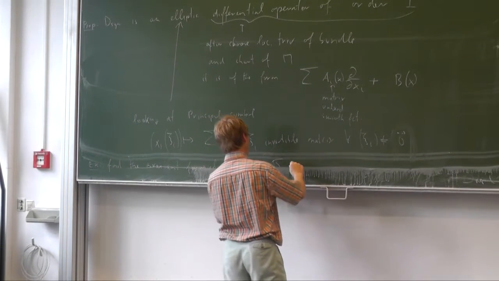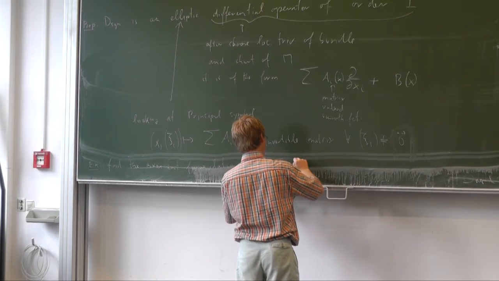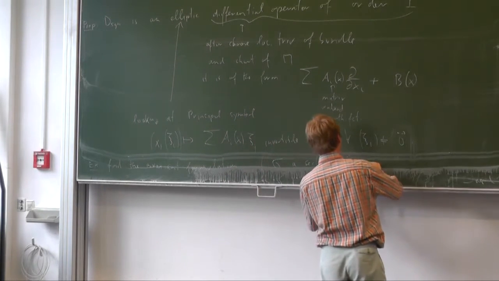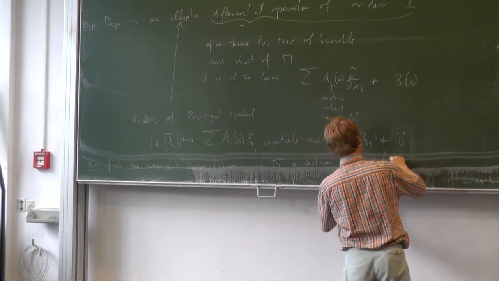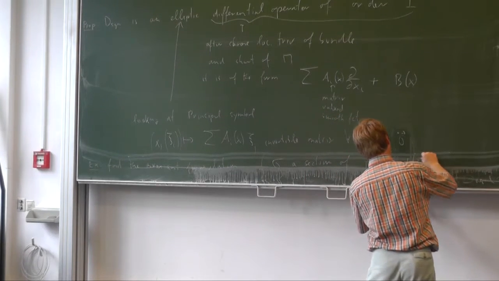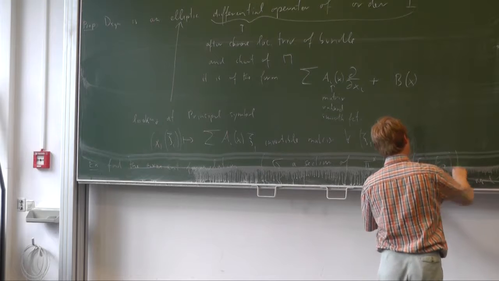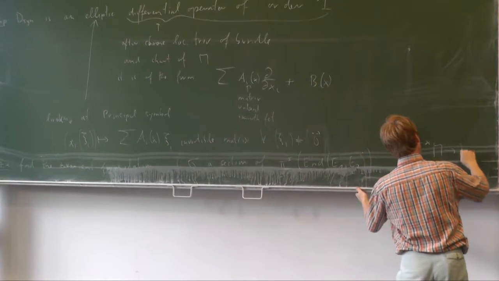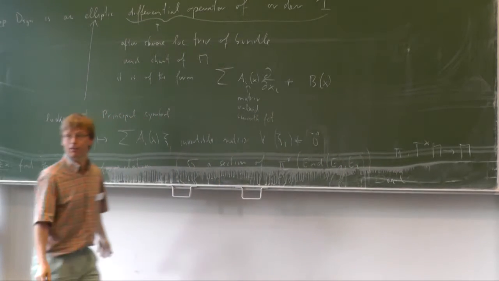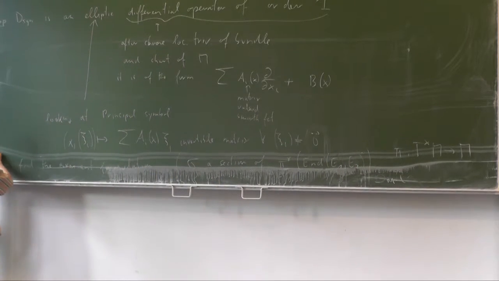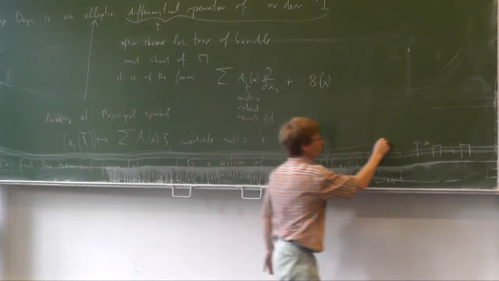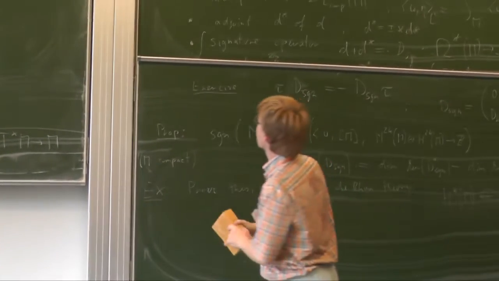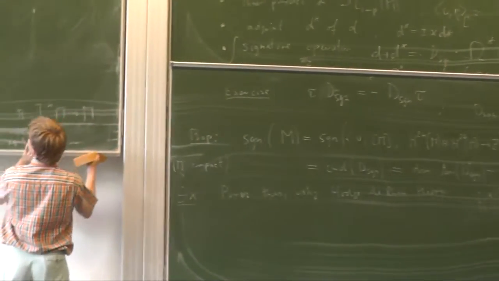The principal symbol is a section of the pullback of the endomorphisms of the first and the second bundle, pulled back from the manifold to the cotangent bundle. Okay? But we don't really need that to understand it or not. So, yes.